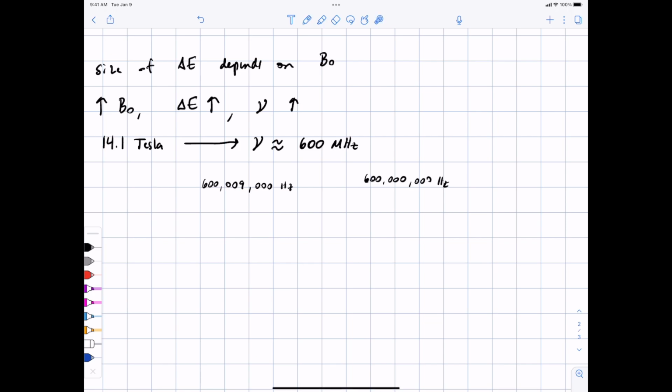So proton frequencies can vary over sort of a 9,000, or slightly plus or minus, range of frequency values.